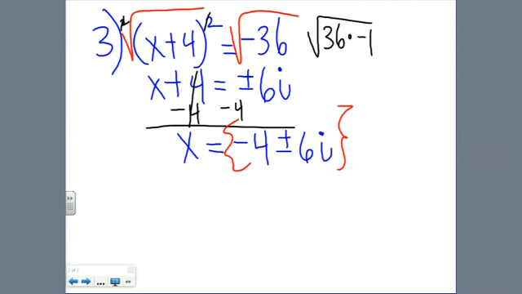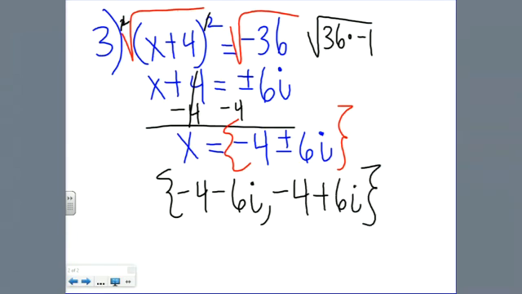And I'll accept this answer with the plus minus symbol, or you can separate it into two different answers, namely negative 4 minus 6i and negative 4 plus 6i. Any questions about using the square root property?